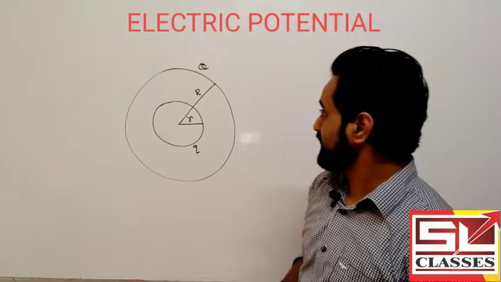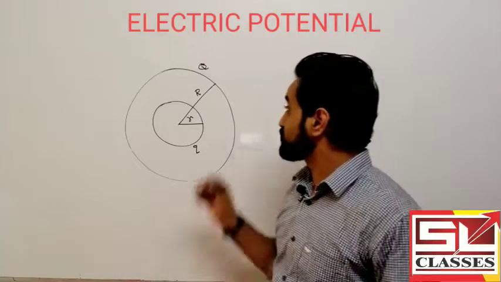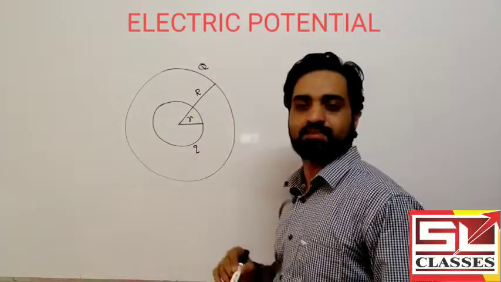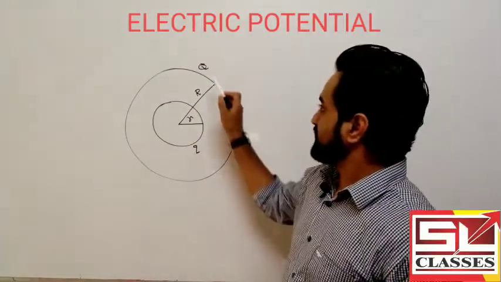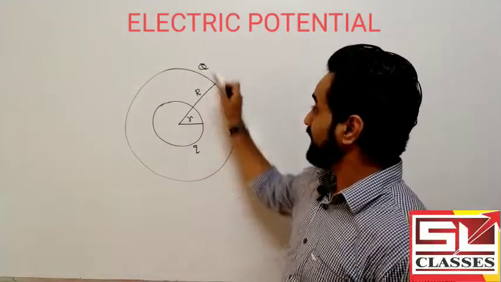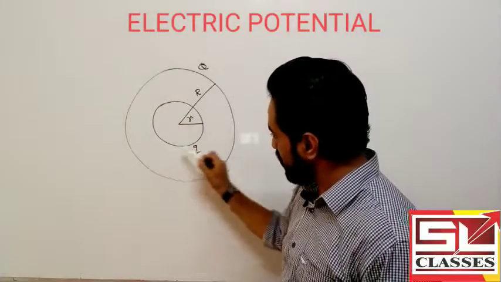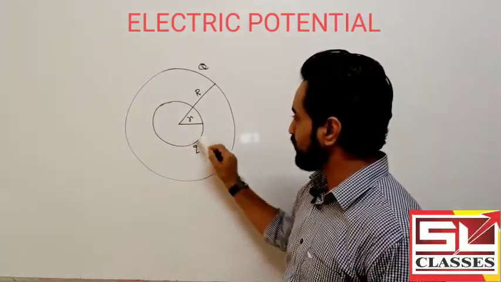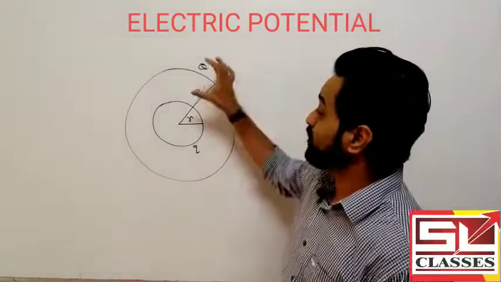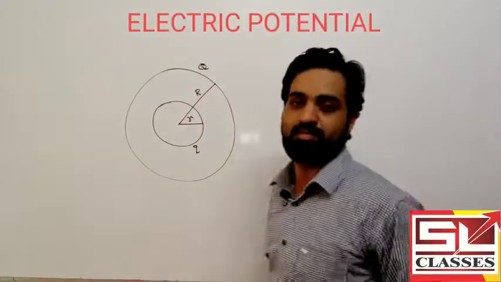Okay students, in this question it is given that there are two concentric spheres, with charges, one bigger sphere with charge capital Q and radius R, and other small sphere with charge small q and radius small r. We have to find what is the potential difference between them.